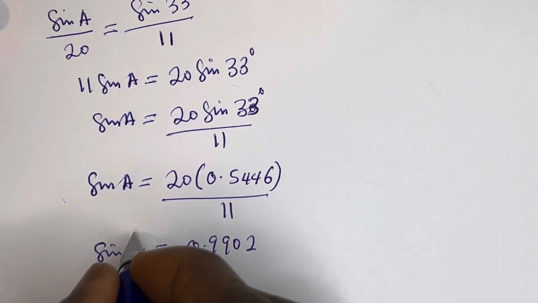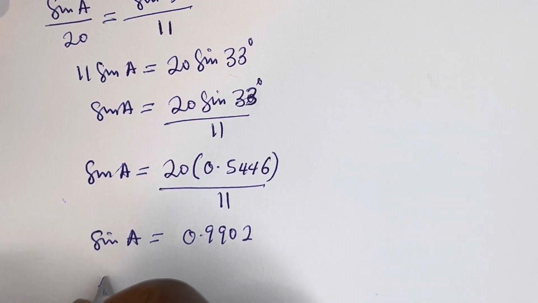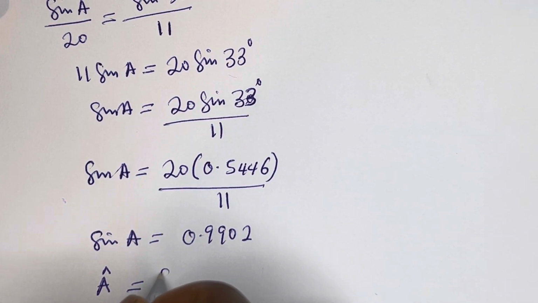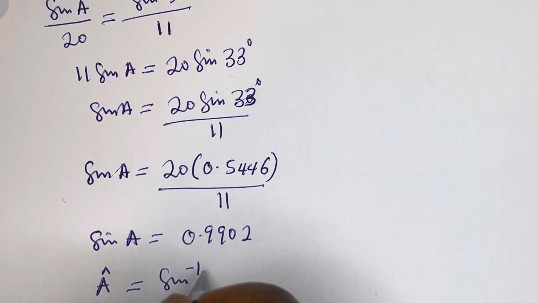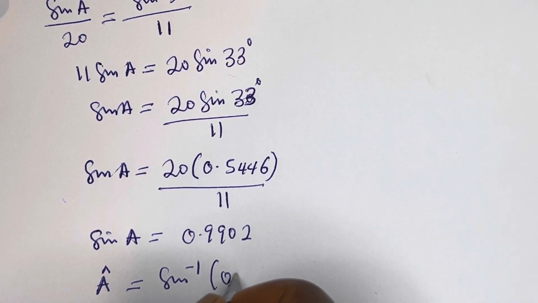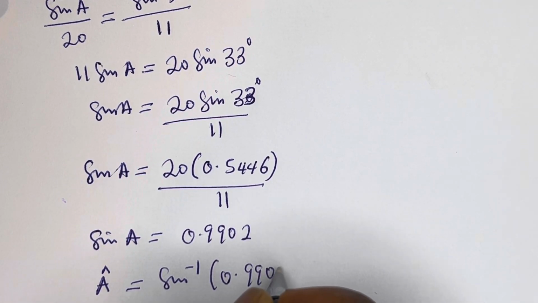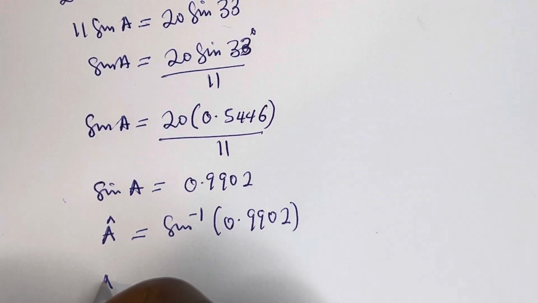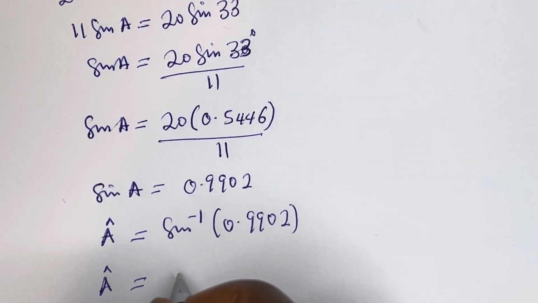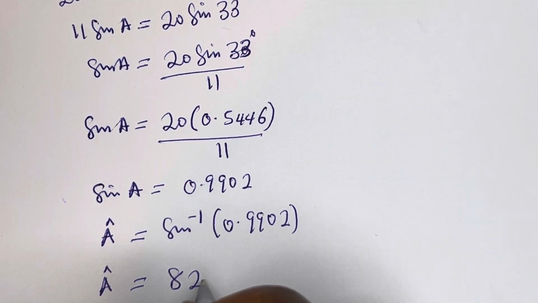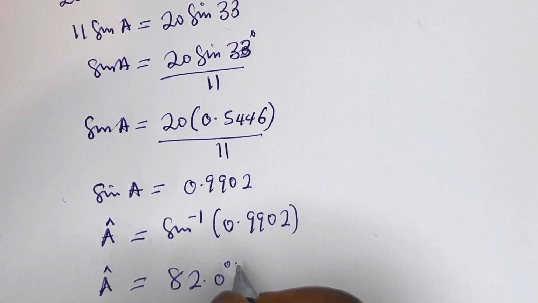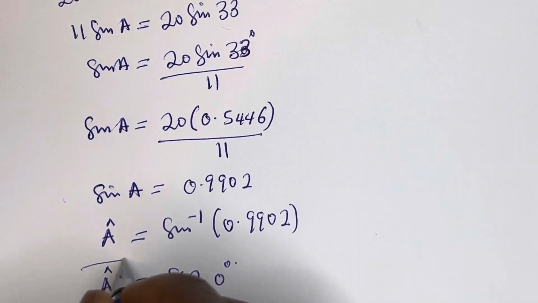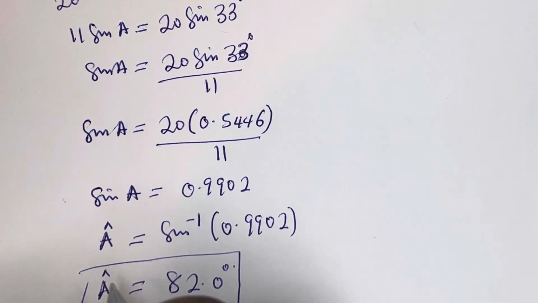Now we are looking for the angle A. Angle A will be equal to sine inverse of 0.9902. Angle A will be equal to 82.0 degrees. This is the value of angle A.